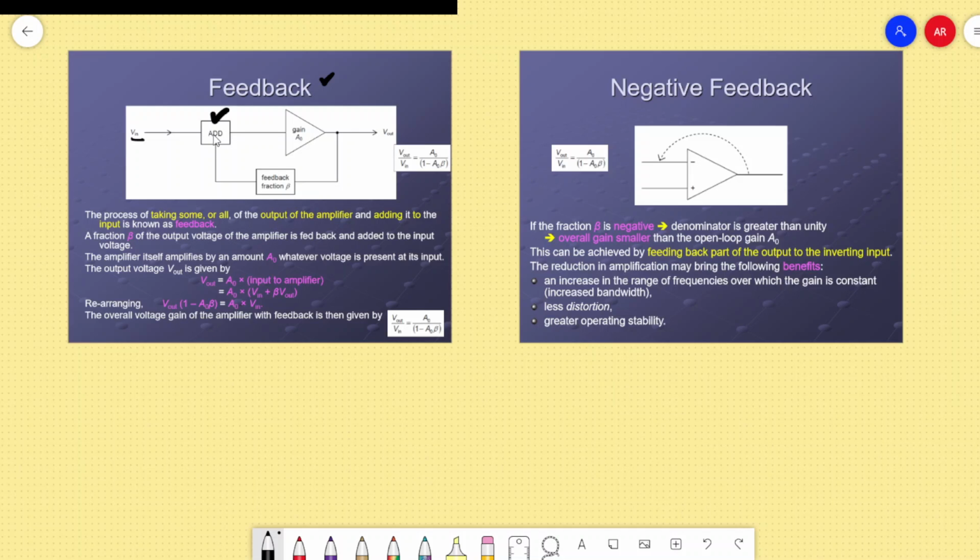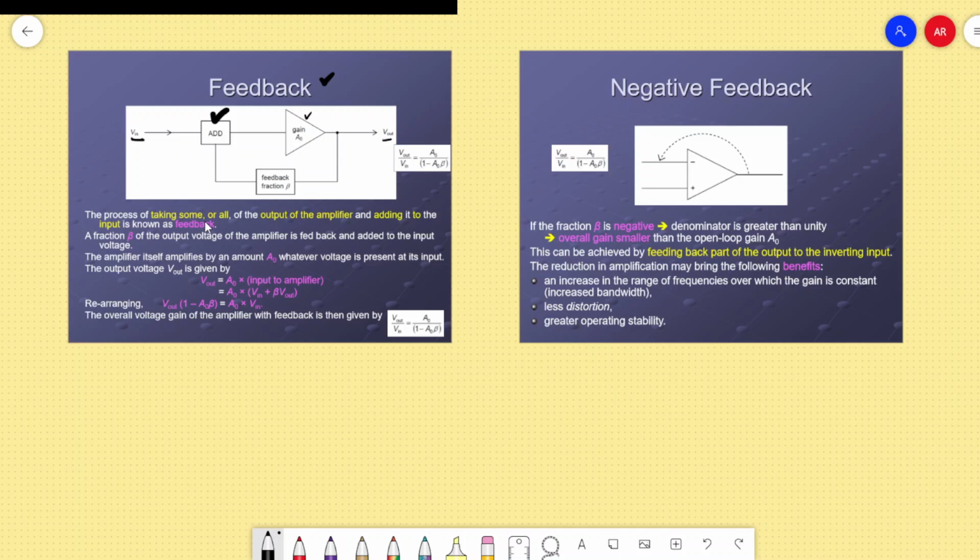If some feedback is here, the input voltage is adding up with this feedback. So ultimately, this complete input voltage is passing to the amplifier. There is a gain there, and ultimately this is going to give you some voltage output.